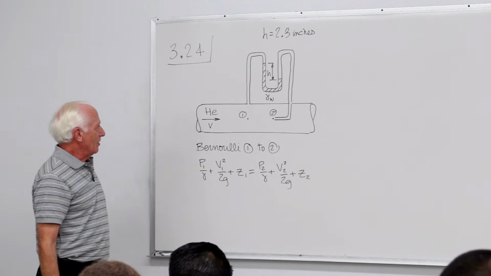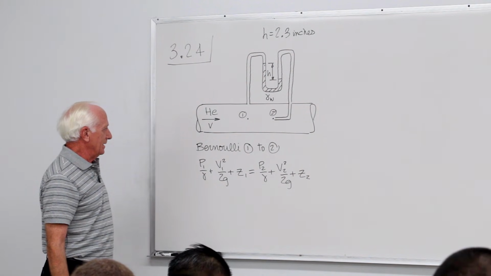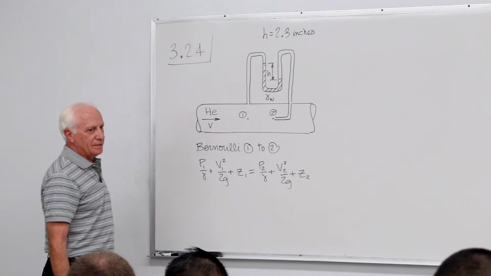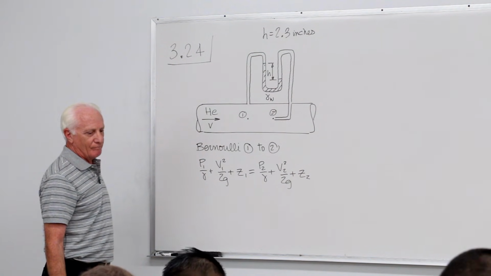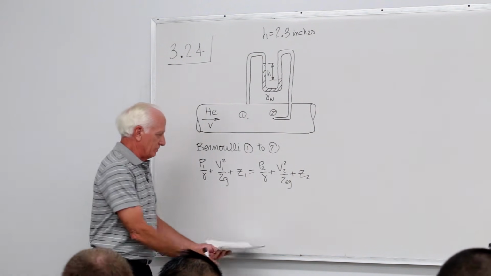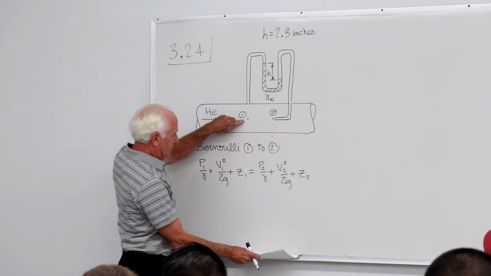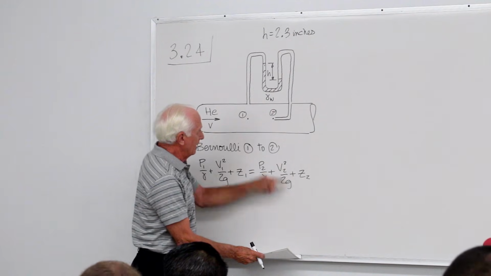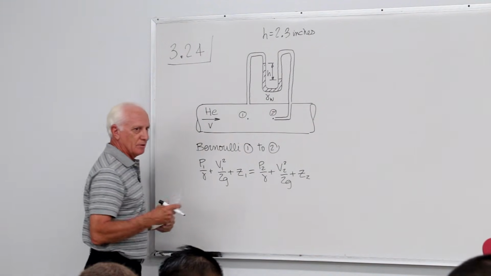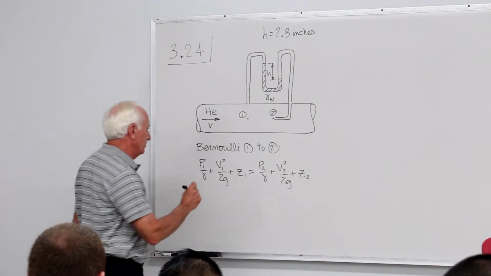Okay. Now I start to make things simpler. Z is the elevation above some datum. I don't know, take the bottom of the blackboard. Z1 from here up to here. Z2 from here up to here. Notice they're the same, it's horizontal. So Z1 equals Z2.